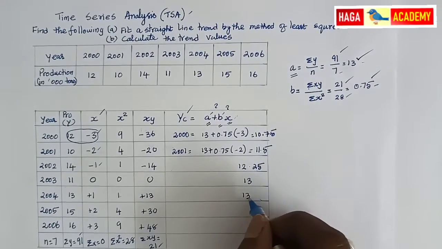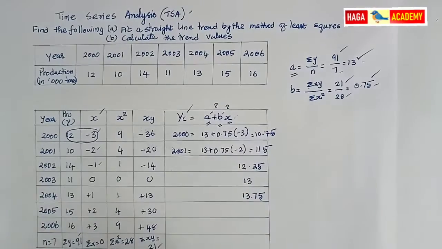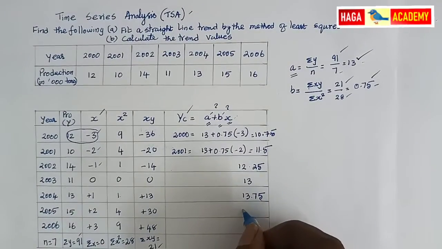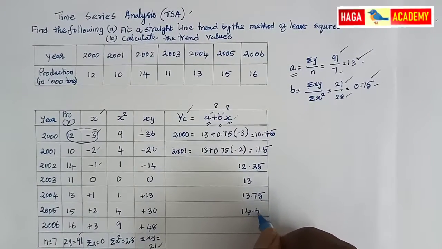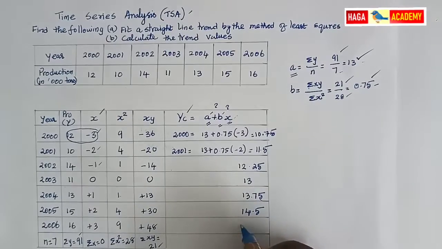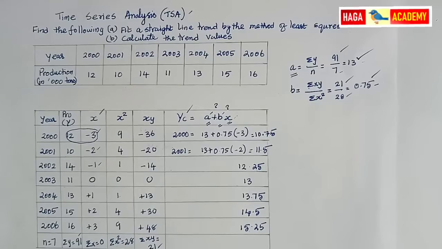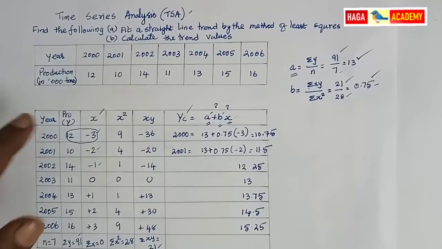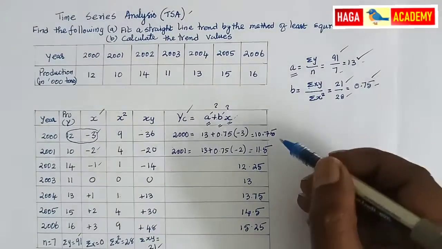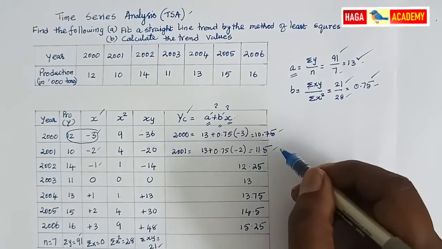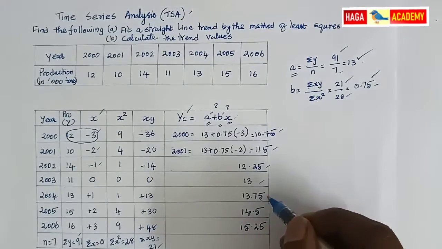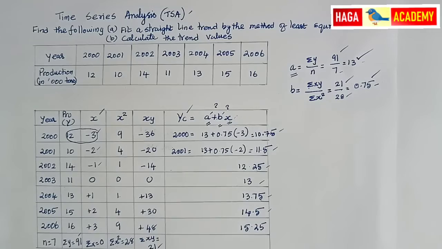The fifth one, 13.75. Likewise, next, 14.5. The last one, 15.25. This is the exact value from the table cited above: the first value 10, 11, 12, 13, 14, 15 and 15.